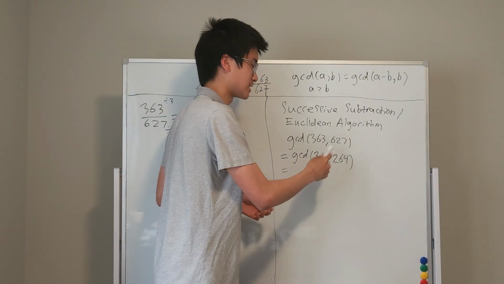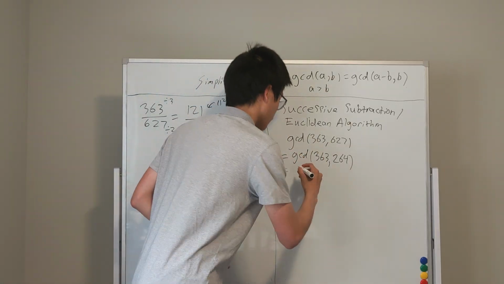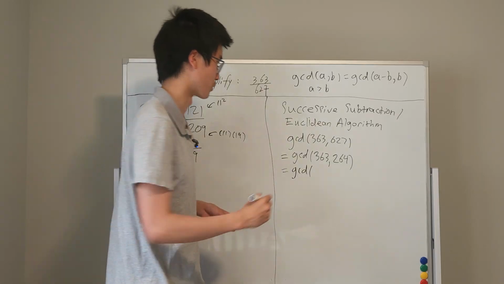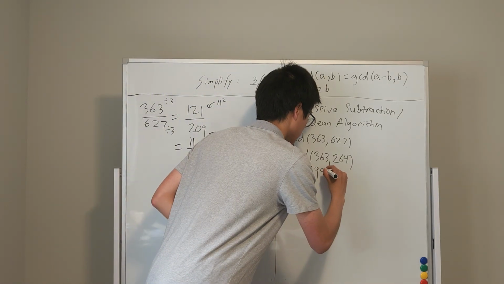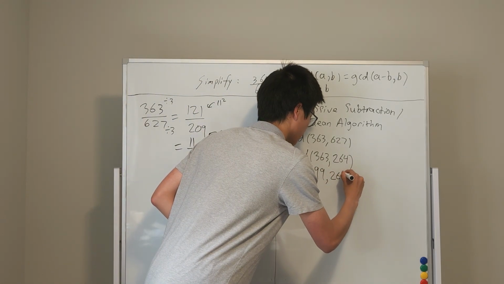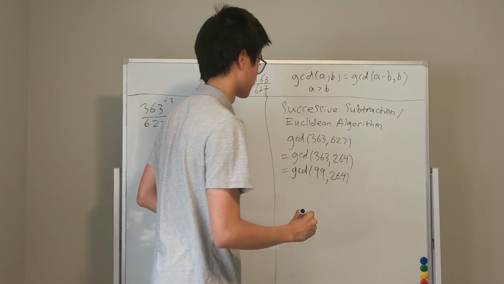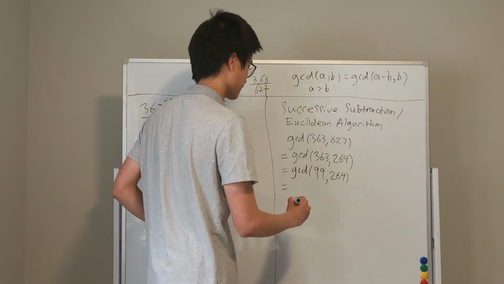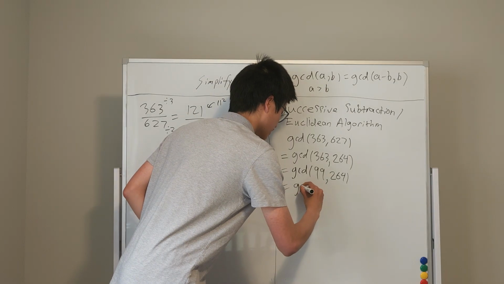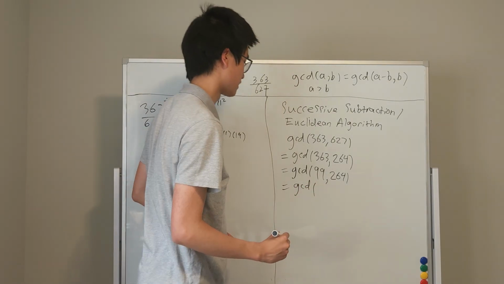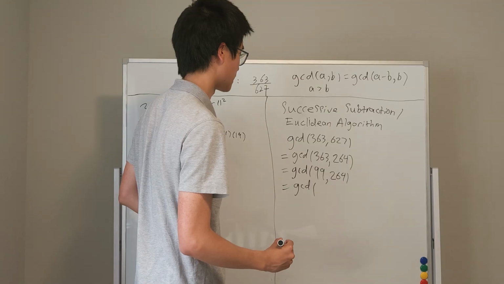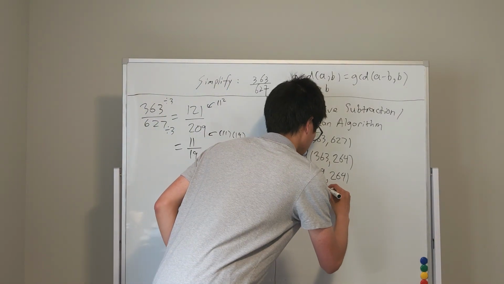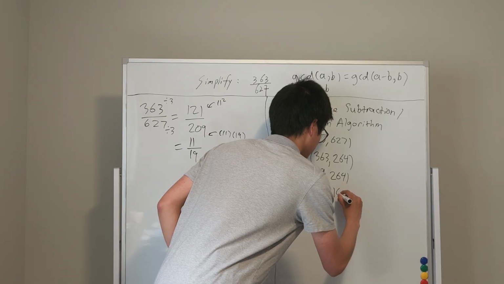So here, 363 is greater than 264. Therefore, we are going to do 363 minus 264, which is 99, and 264. And we do the same thing here. So that would be 264 minus 99, which is 165.